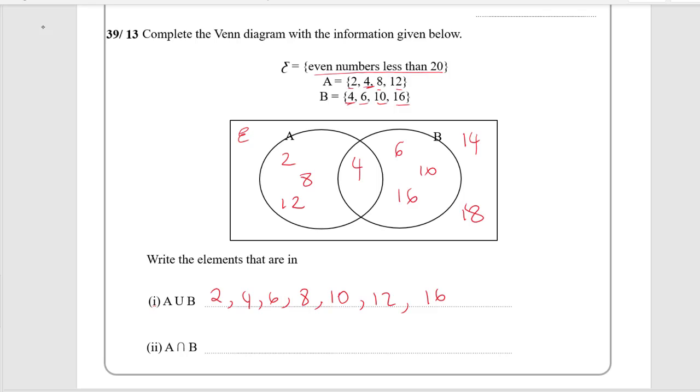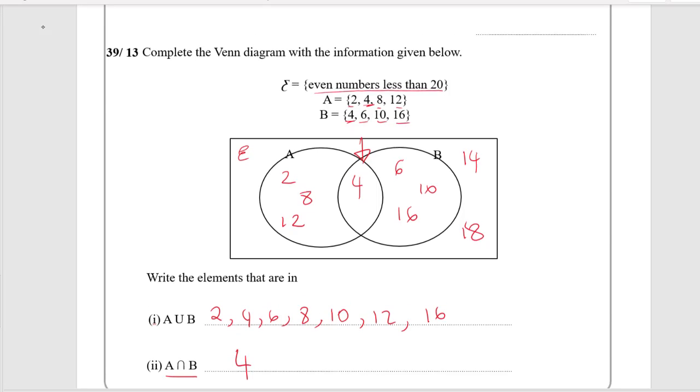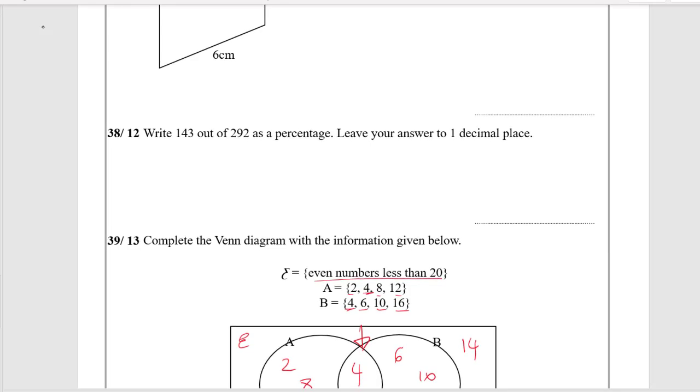These are all the numbers, and A intersection B is only the one they share in common, which is 4. And that's it. You could also get a probability question based on these Venn diagrams, so make sure you practice those as well. We had a look at one previously.